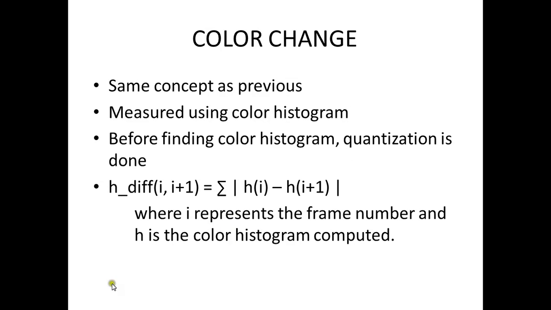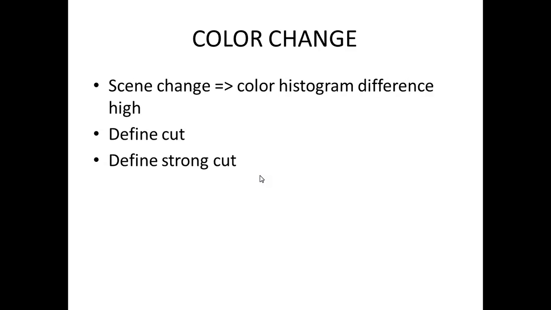We find a parameter called the color histogram difference, which can be found by using this formula. Here h of i represents the color histogram of the ith frame, and we compute it for each color channel. We say that there is a scene change if the color histogram difference is high.